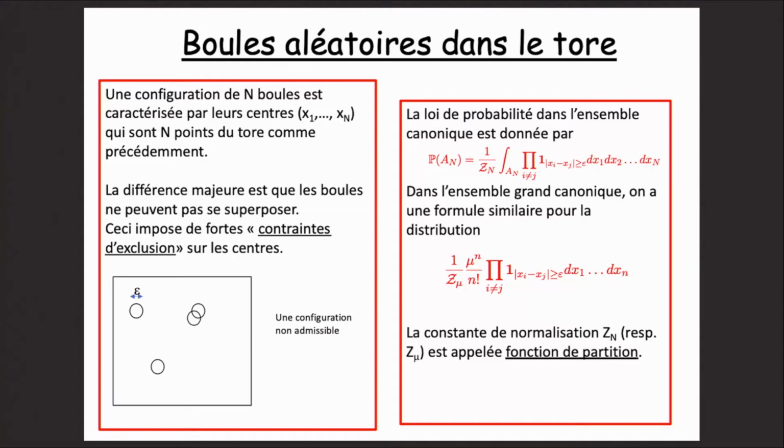Okay, and then there is a very simple question to know whether this probability measure looks like the probability measure that you got for points. So a priori, what you would expect is that if the size of the particles is very, very small, then it should be almost the same to pick random points or to pick random balls, because you don't expect this to be a very strong constraint if epsilon is very small.